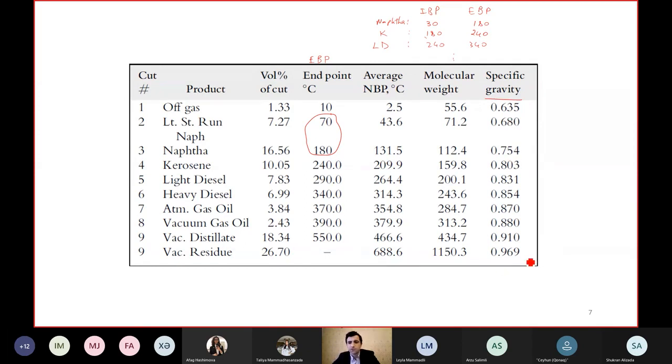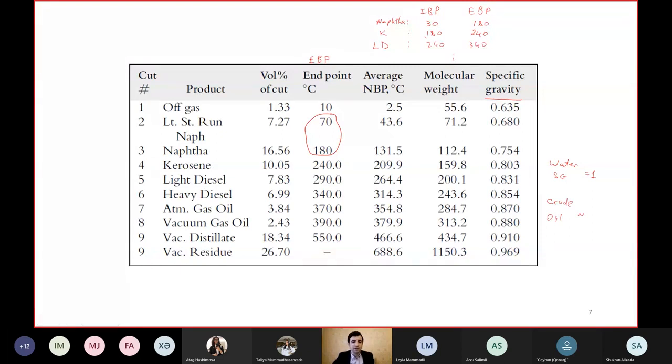The water, you know, water specific gravity is 1. And crude oil can be different. We discussed in the previous session that crude oil can have different specific gravities.